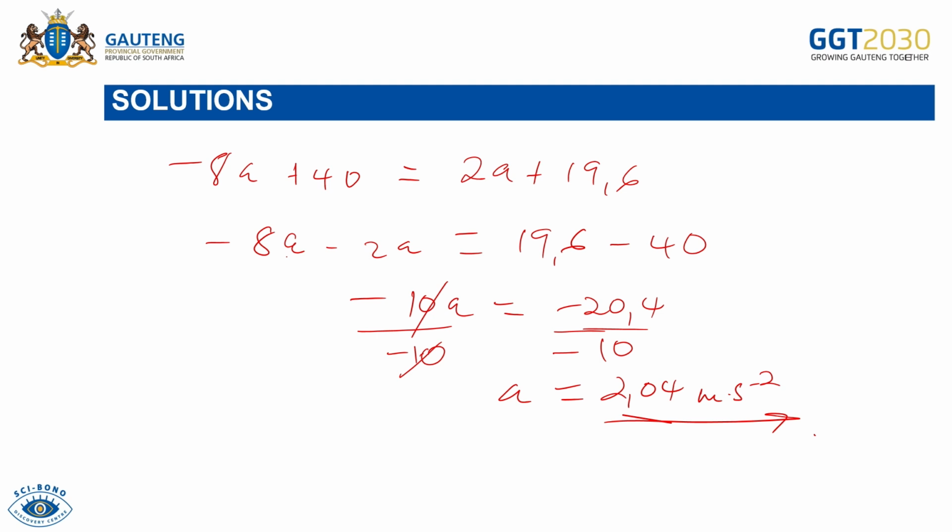So hence I didn't use the initial tension. What will be the tension when an object is accelerating? We don't know. So hence I left T as it is, but that T for the 2 kilogram object and the 8 kilogram object, they are equal but acting in opposite directions.